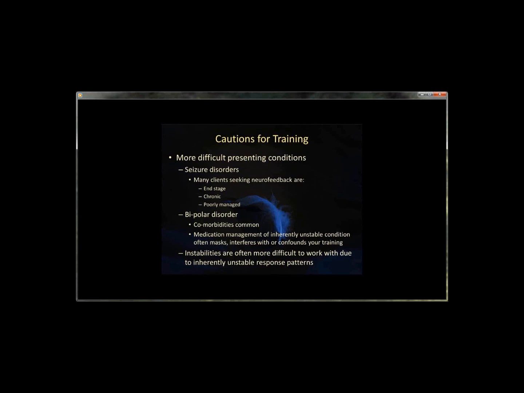Anything that you do with them is going to throw them in one direction or another. They tend to be fairly volatile, lacking state regulation, stability, or resilience, and so they're often easy to shift in the wrong direction. And so you can shift them into a hypomanic state or possibly a depressed state, and then they may become suicidal. And again, it's not a group that you want to work with without a lot of backing.